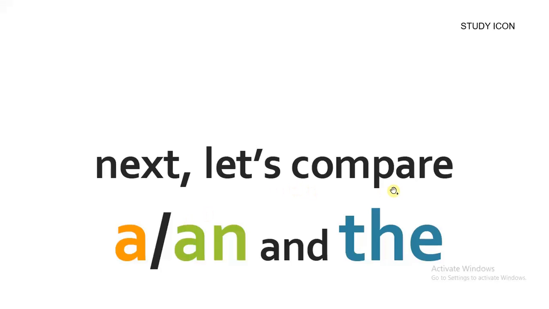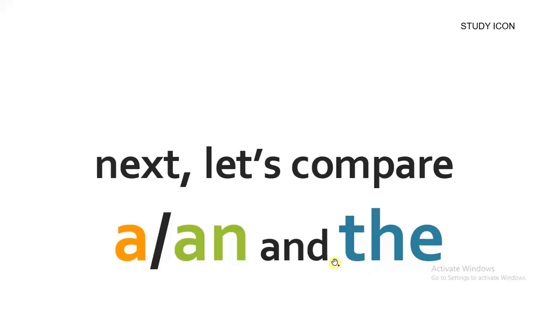Next, let's compare a and the. What is the difference between a and the? When the thing is specific, like this is my car. So I have a car. It is clear that the car is mine.